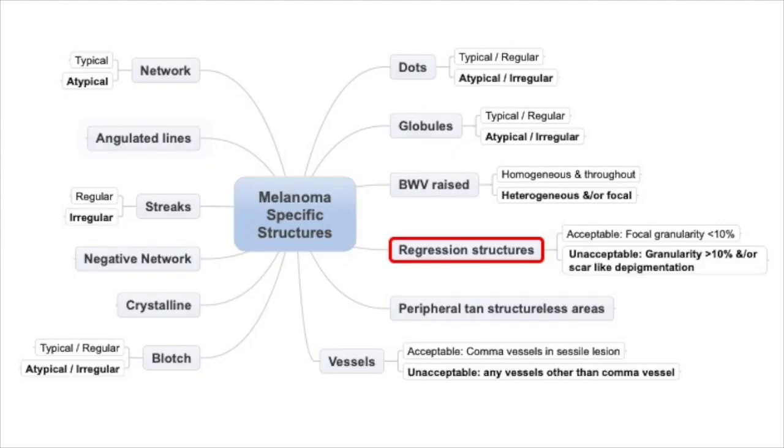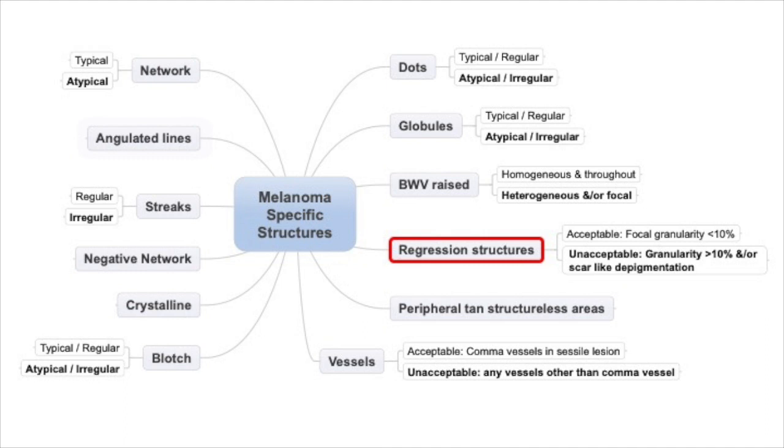Okay, regression structures. Now, regression structures consist of two things that can occur together or independent of each other. It consists of granularity, melanophages in the dermis, and scar-like depigmentation, fibrosis. They usually occur together, but they can also occur separate from each other.